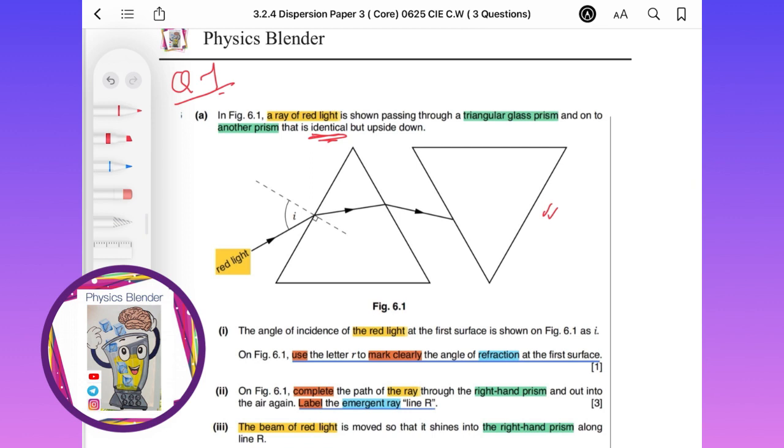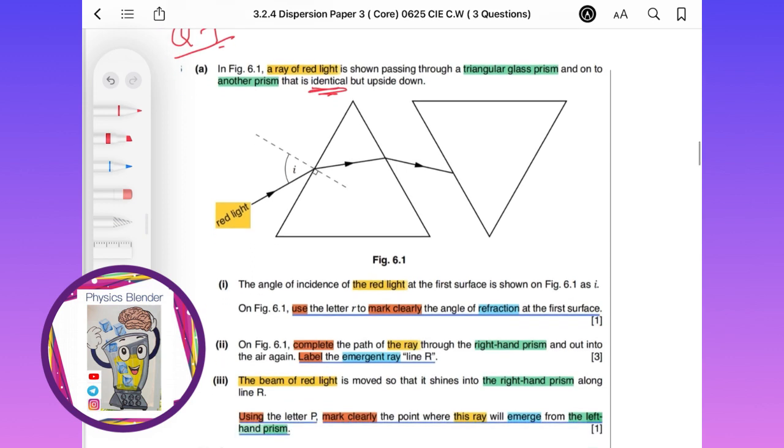Okay, let's start the first part of the question. The angle of incidence of the red light at the first surface is shown as I, this one. On the figure, use the letter R to mark clearly the angle of refraction at the first surface. This surface here is face 1.